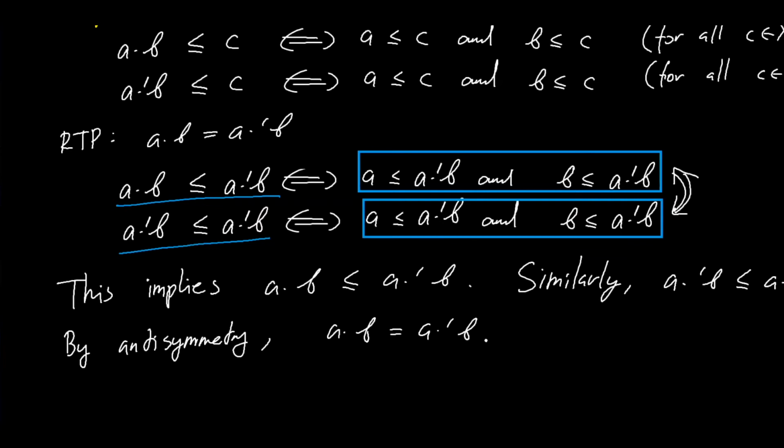Sorry, Prof. I'm not seeing how you get that A dot prime B is less than or equal to A dot B. I will get it in the same way as I got the other one. In the way I got this one, did it really matter which one was dot and which one was dot prime? They had symmetric roles, no?